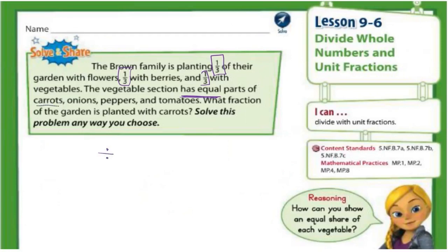Here is 1 carrots, 2 onion, 3 peppers, and 4 tomatoes. What fraction of the garden is planted with carrots? I want to ask you what is the share of carrots planted in this soil? How many items form the whole number here in this third? We have tomatoes 1, peppers 2, onion 3, carrots 4.